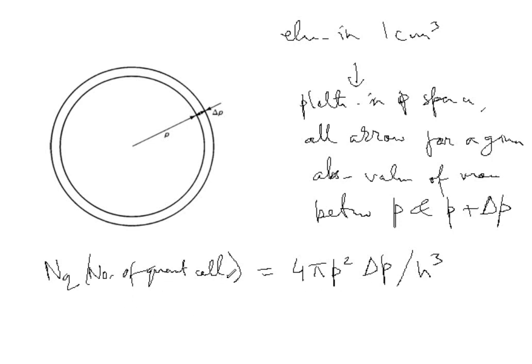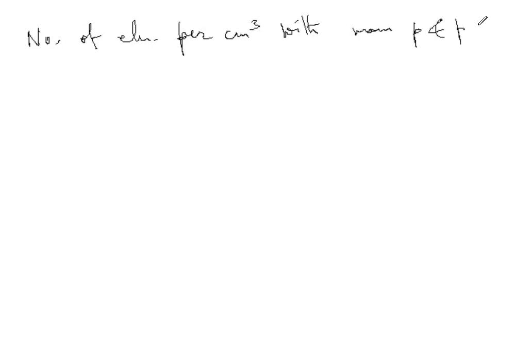Okay. Now, what about the number of electrons per centimeter cube which have momentum between P and P plus delta P?